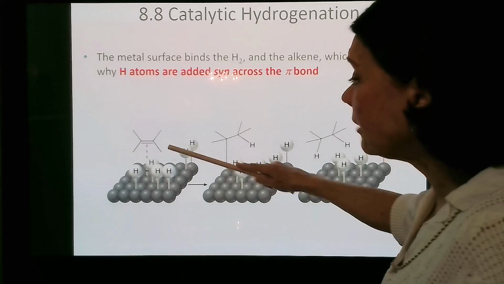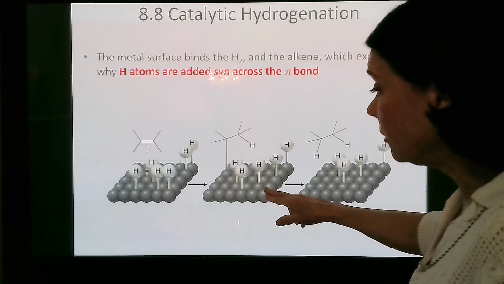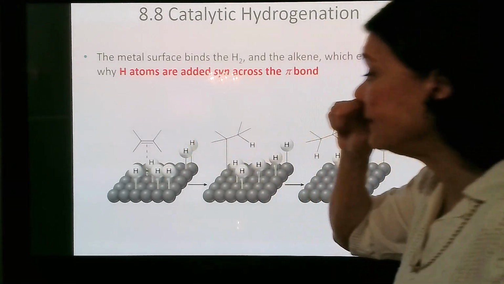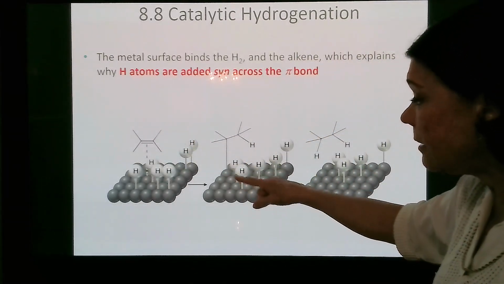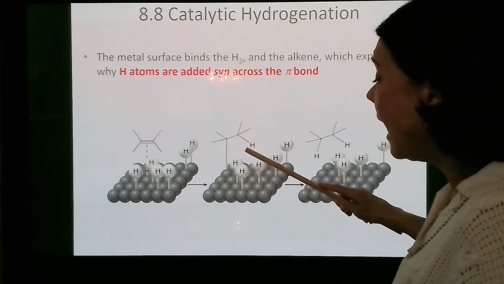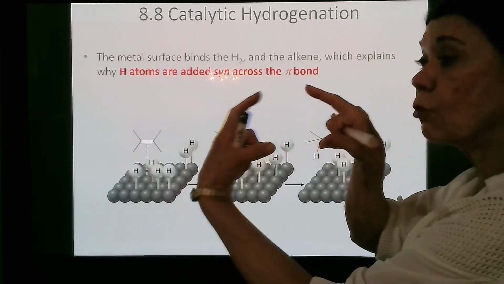And then the alkene comes down and it associates with the metal also. The pi electrons are associated with the metal, and it is sitting there next to the H2, and they just react.